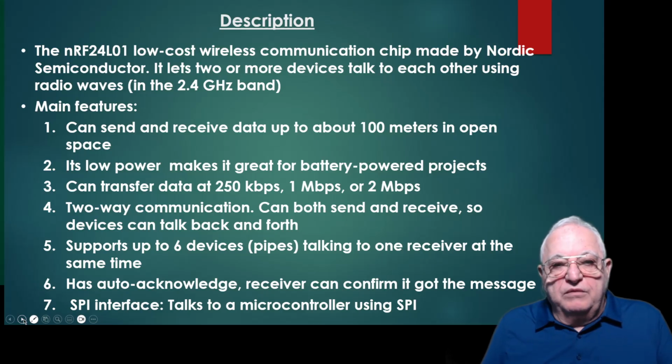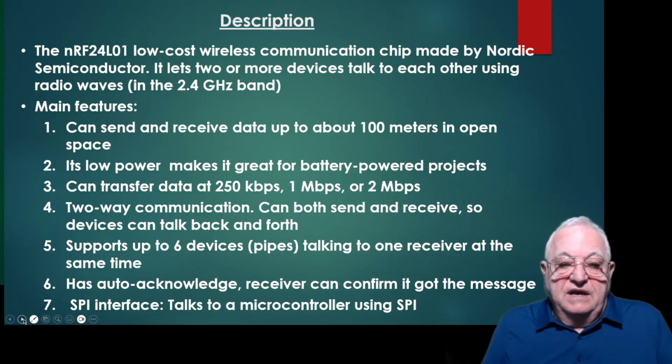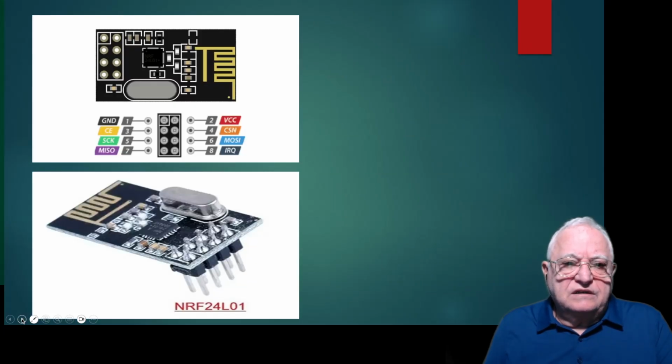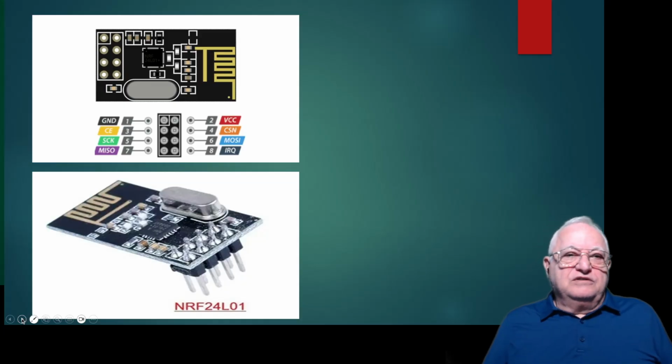So now when we talk to the radio, I should say the controller, we're going to be using the SPI protocol. So now let's look at the data sheet. No, I'm sorry. Before we look at the data sheet, let's take a picture, see what the actual radio looks like.